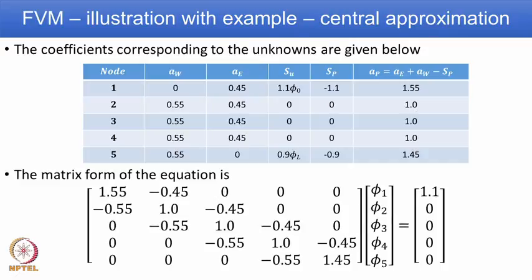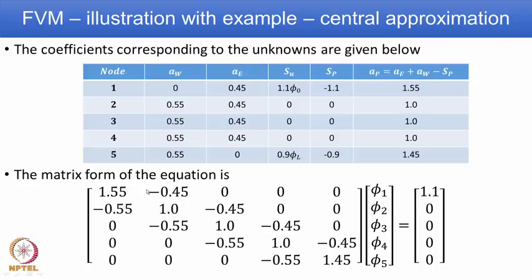Now we can write this in the form of a matrix, and that is shown here. So if you write AP phi P is equal to AE phi E plus AW phi W, that is what you will get, the matrix. These coefficients are already calculated.